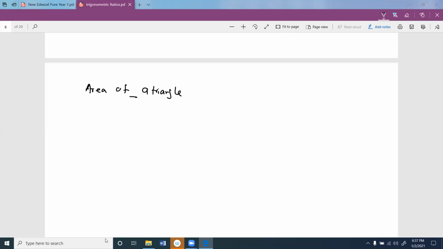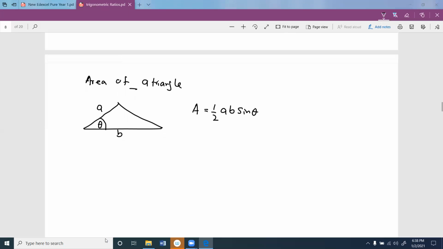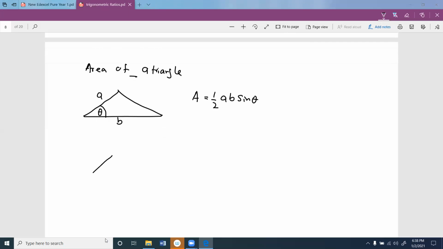If you find any triangle which is not right angled, and you know an angle theta along with the two sides beside the angle, not the opposite or anything, you can find the area by the formula half ab sine theta. This is a simple technique to identify the area of a triangle.